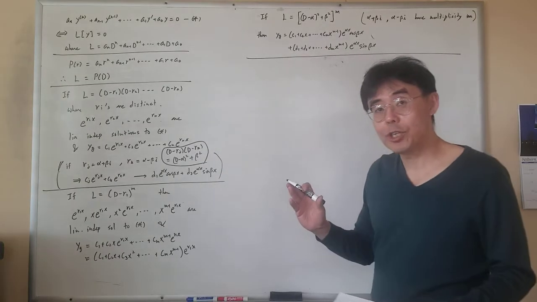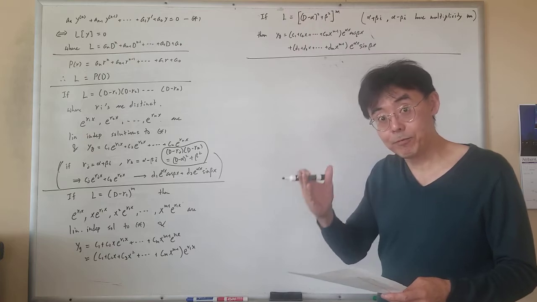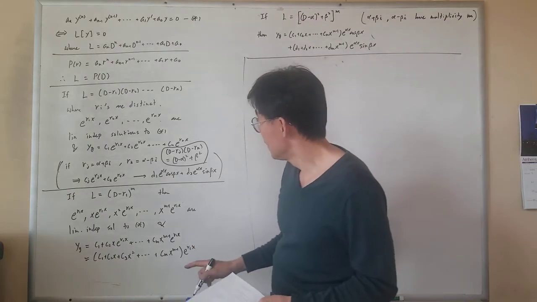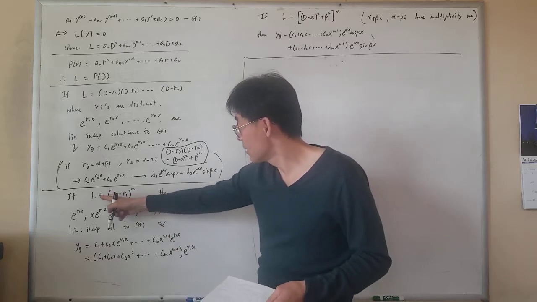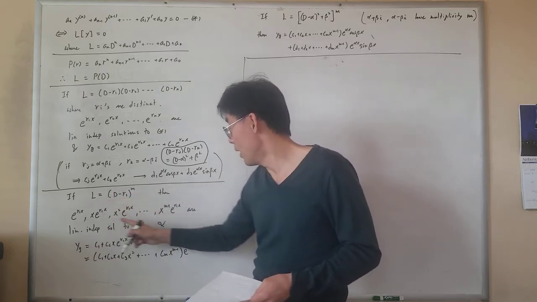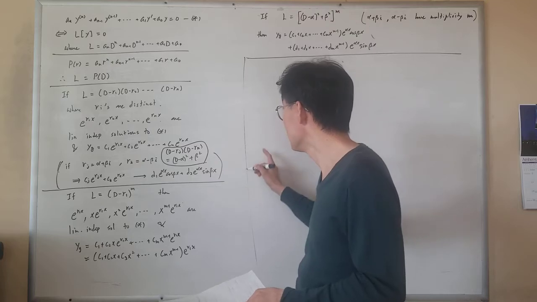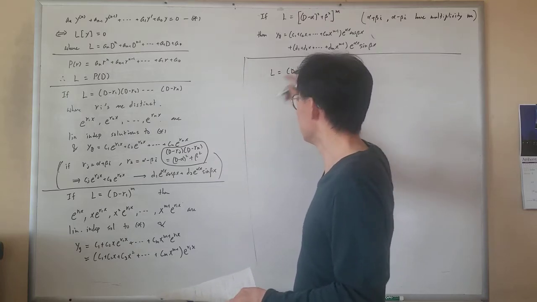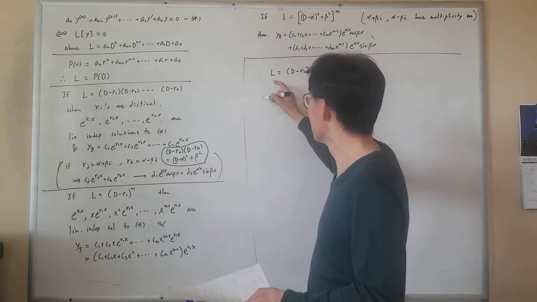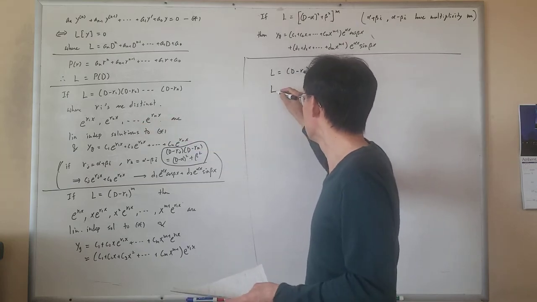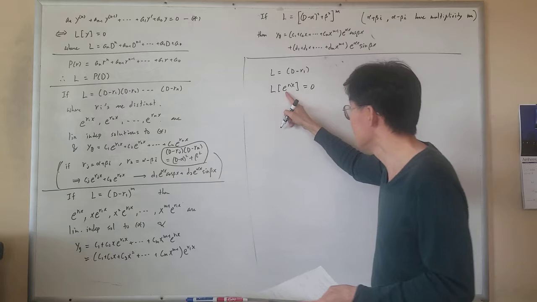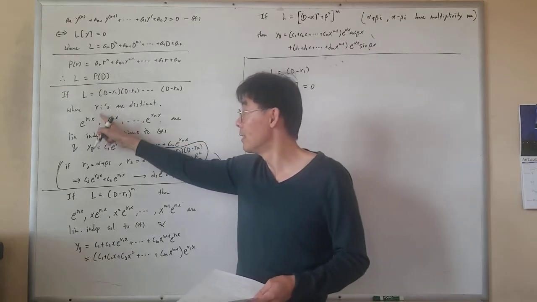Now, we are going to change our perspective slightly, our viewpoint slightly. So, if your L is like this, L of y, that means if L equals D minus r1, then e to the r1 x must give 0, because this is a solution, right?